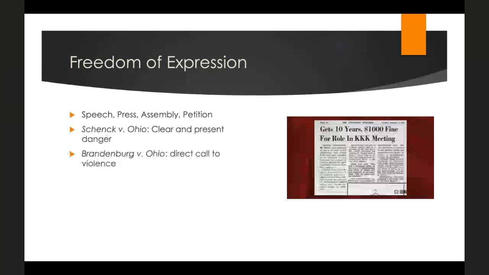In this case, Brandenburg was fined for holding a KKK rally in which he invited the media.